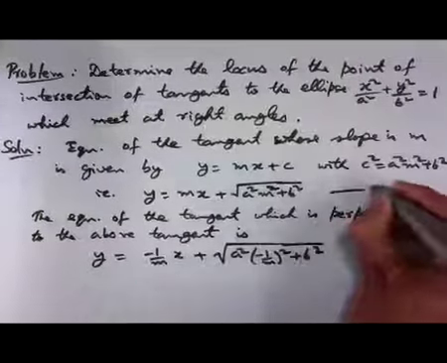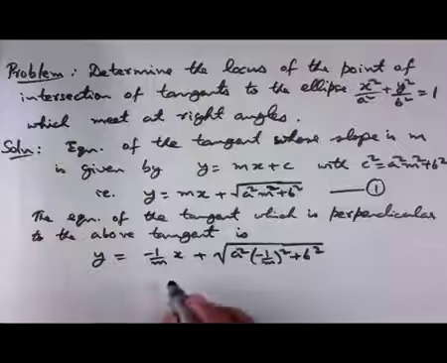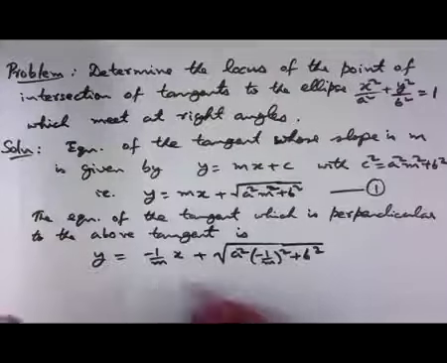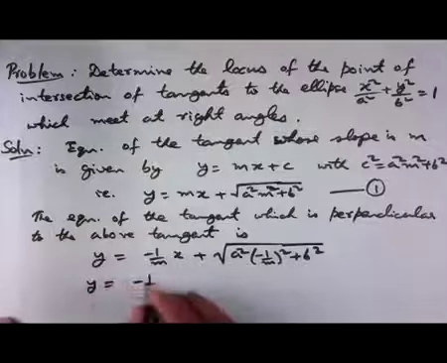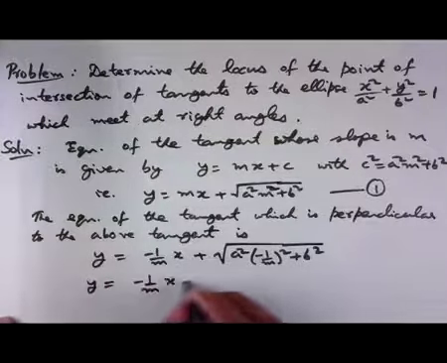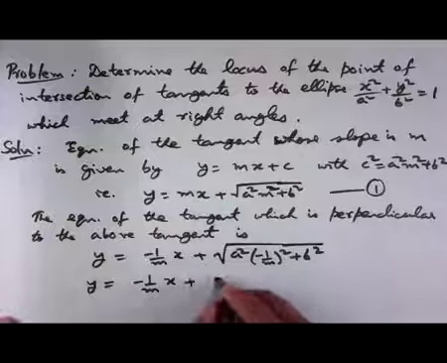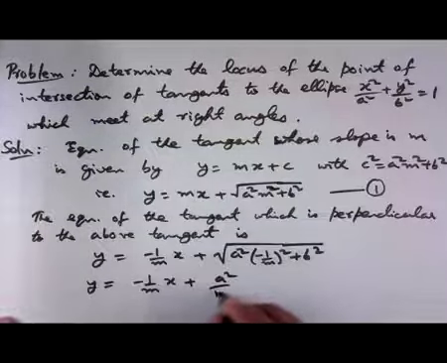Let us write this equation 1 and this is our equation 2, y equal to minus 1 by m x plus square root of a square by m square plus b square.